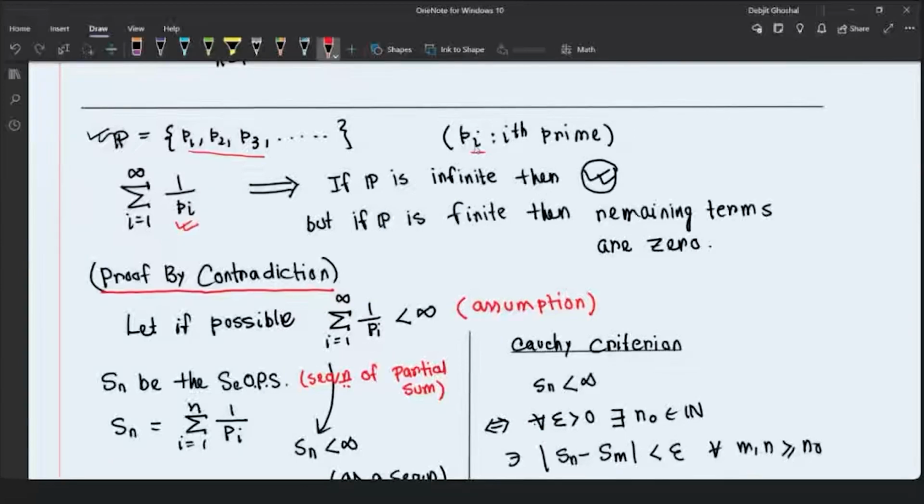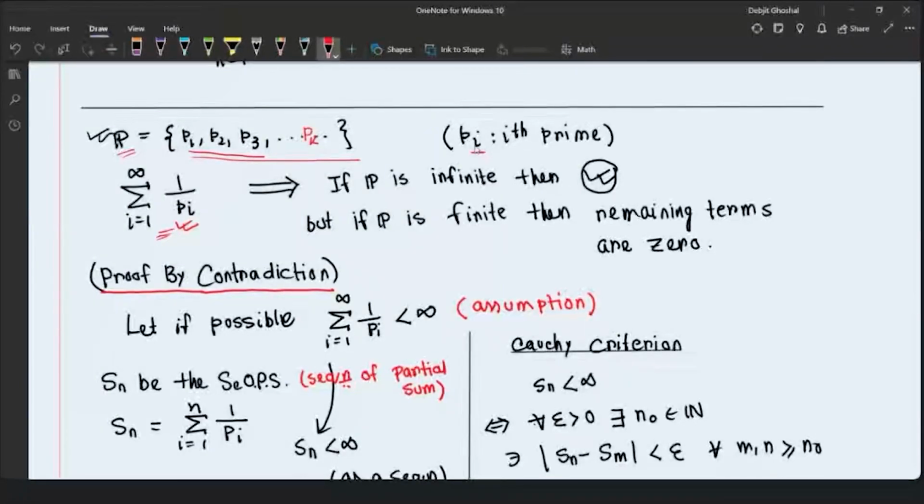So I am defining it like this: if P is an infinite set, then this is well defined, because it is a countable set and we can write this series like this. But the problem is here, suppose P is a finite set. Suppose I have P1, P2, P3 and up to Pk.